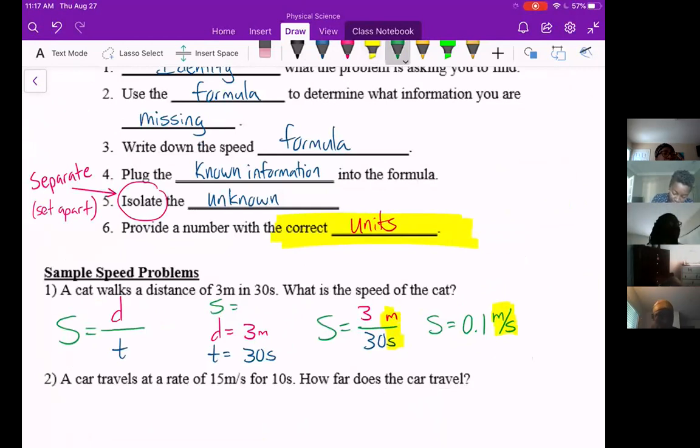Let me color code it because I don't want to mess it up. This was my distance, 3 meters. And then 30 seconds was my time. So when I divide that, I don't know what a meter divided by a second is. So I had meters divided by seconds, and I just left it exactly as that. When I got my answer, it was just meters divided by seconds, okay?